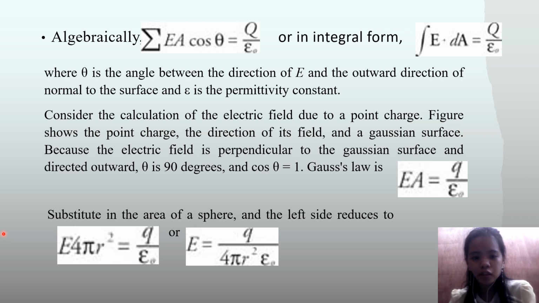Consider the calculation of the electric field due to a point charge. The field has the same magnitude everywhere on the Gaussian surface, because the electric field is perpendicular to the Gaussian surface and directed outward, so delta is 0 degrees and cosine delta is equal to 1.